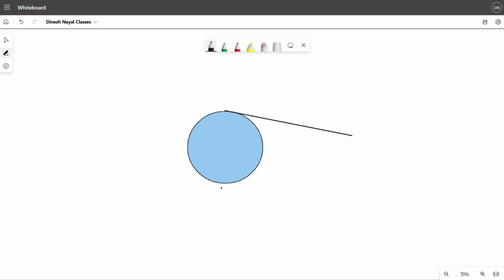Let the external point be P and consider this center of the circle as O. Now joining the center to the points of contact of the tangents, we know that the line joining the center to the point of contact of a tangent makes an angle of 90 degree. Mark these points as A and B.